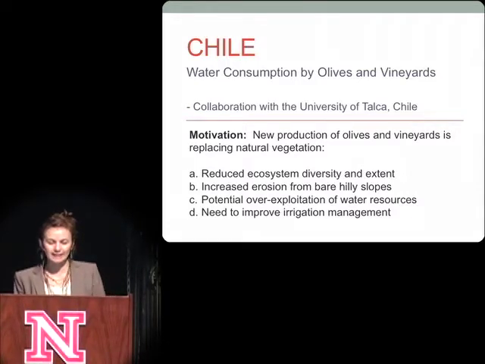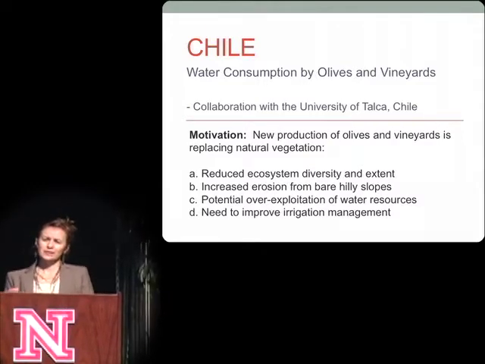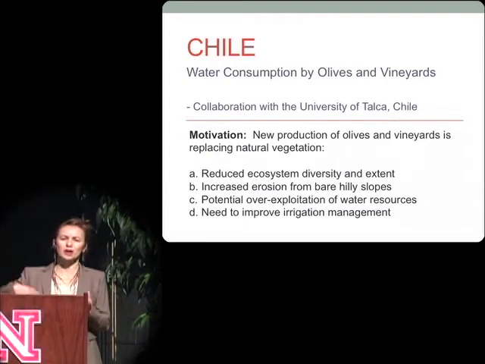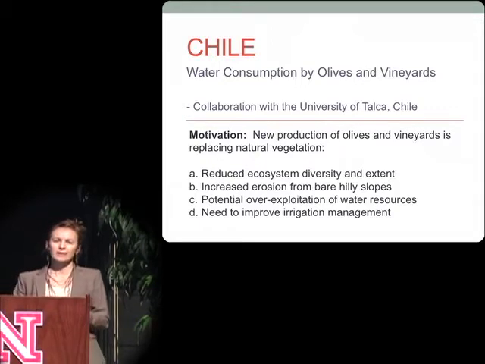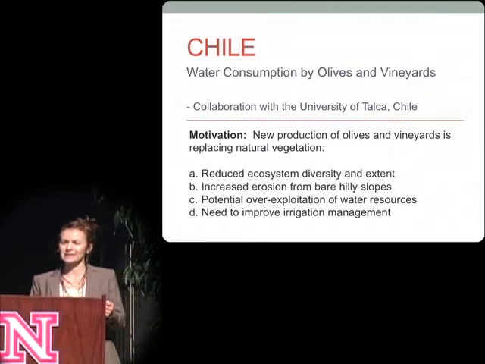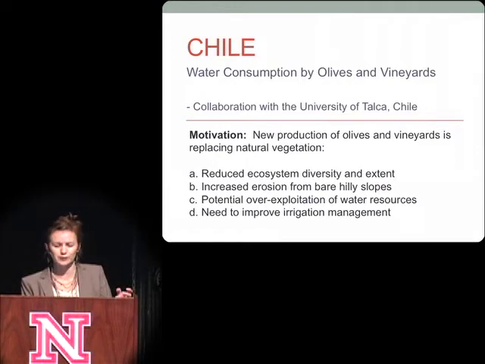One is Chile, and here the motivation was, it's not only Chile, it's in Europe too. There's this global expansion of olives and vineyards, and now the natural vegetation is being replaced by these olives and vineyards, and this put a lot of pressure on water resources in Chile.